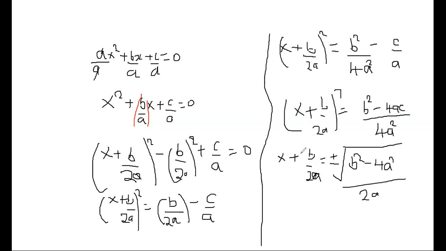So you can take this one because you want to get the values of x. You can take the b over 2a to the other side of the equal sign.